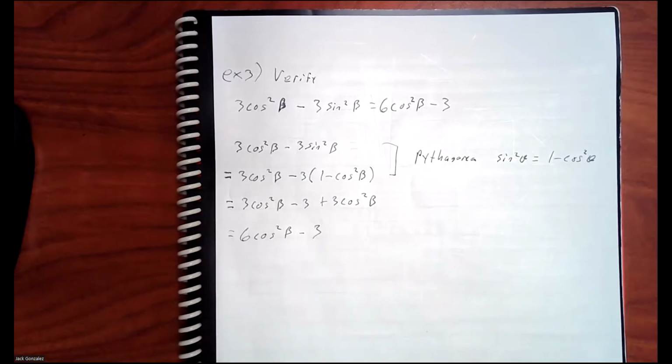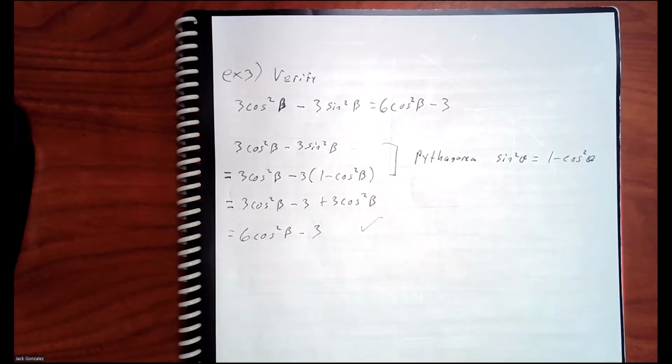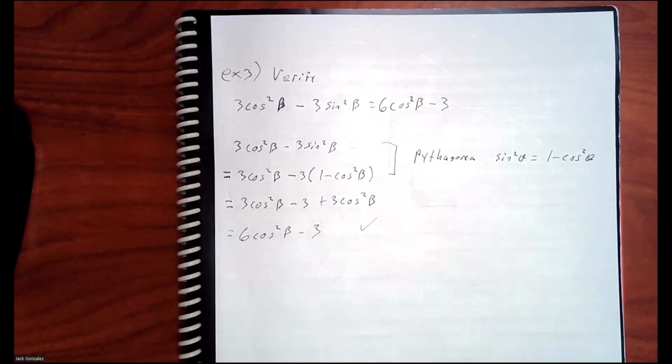And that's what we wanted to show. Cool. So that's all we're trying to do, is get to the other side. So that proves that they are equal using our properties and identities.